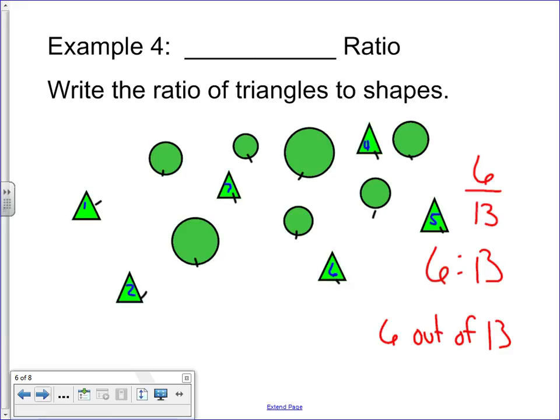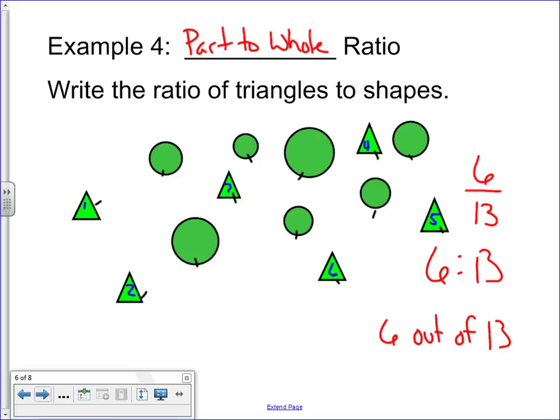Now, maybe by the wording you've kind of picked up on this, or maybe by the fact that we've talked about how circles can be shapes and triangles can be shapes, that you would understand that this is an example of a part-to-whole ratio. This is part-to-whole because you're comparing one part to the entire group or the whole group of shapes there.